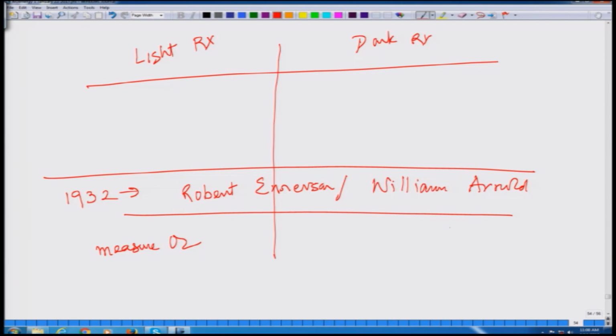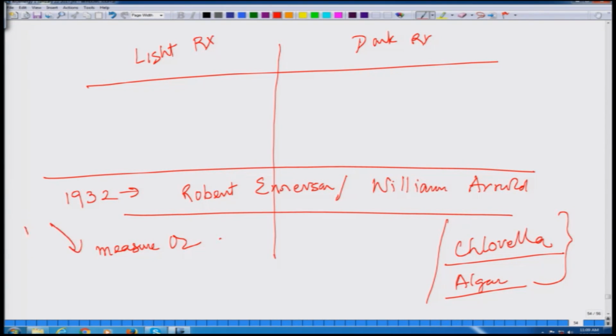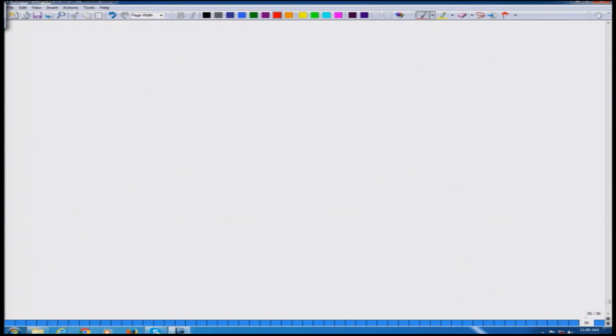They used Chlorella, which is basically an algae. They measured the oxygen by exposing it to a flash of light. And what they observed was very interesting. The observation is one of the critical experiments.